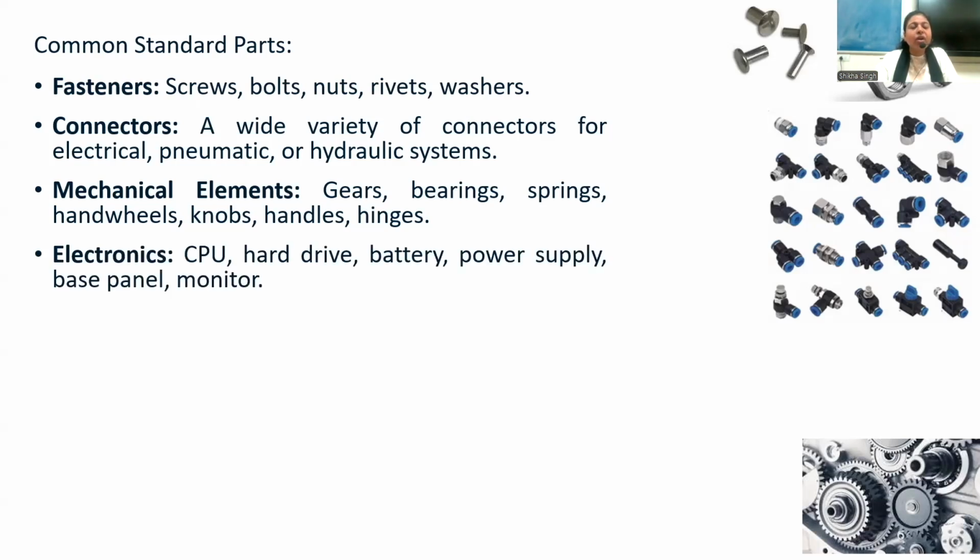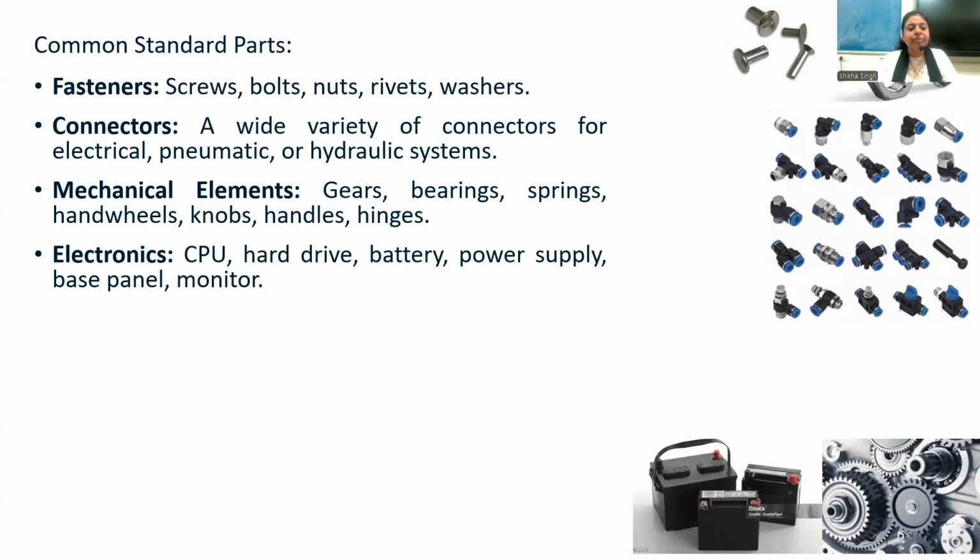Then you see the electronics standard parts like CPU, hard drive, batteries. Batteries are very common. You have seen that pencil cells, small batteries, even then can be utilized at multiple places. If you talk in the context of industry, you will find different kind of battery capacities are there, and that can be utilized for multiple purposes in different products, right?